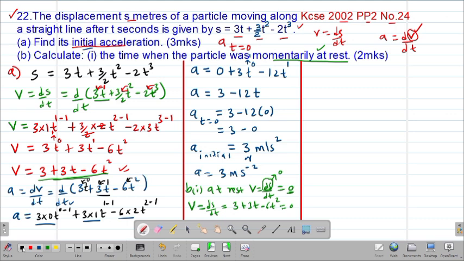So clearly you can see it will be a quadratic. We are having 3 plus 3t minus 6t squared equal to 0, which can be rewritten as negative 6t squared plus 3t plus 3 equals 0.